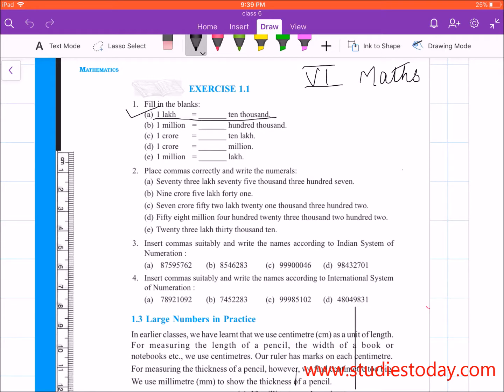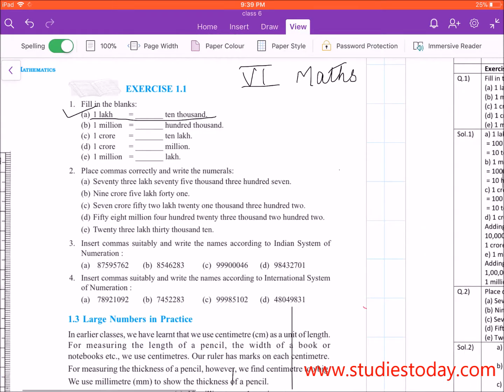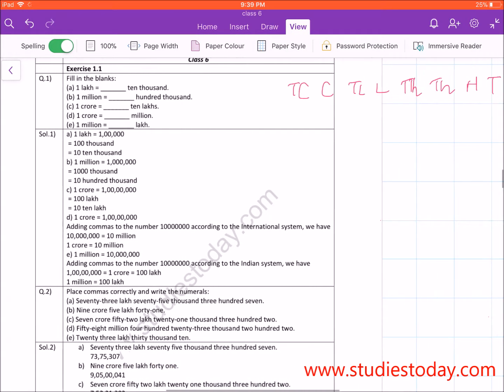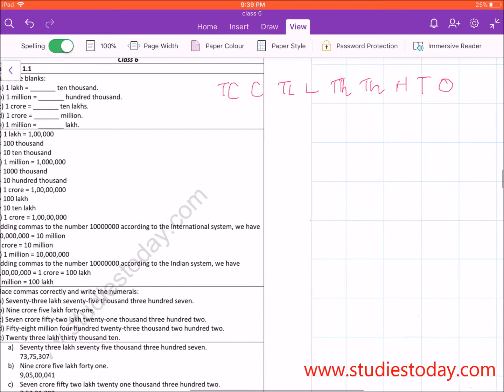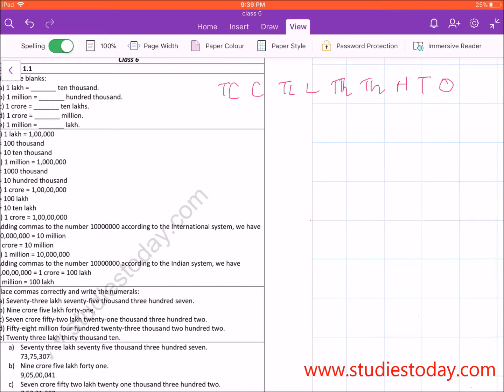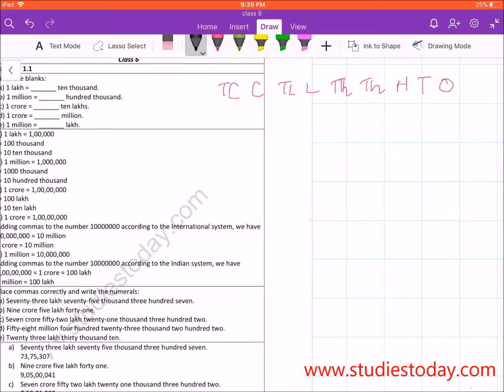To understand this concept, we move on to our Indian system of numeration, which starts from ones, tens, 100, 1000, 10,000, lakh, 10 lakh, crore, and then 10 crore.